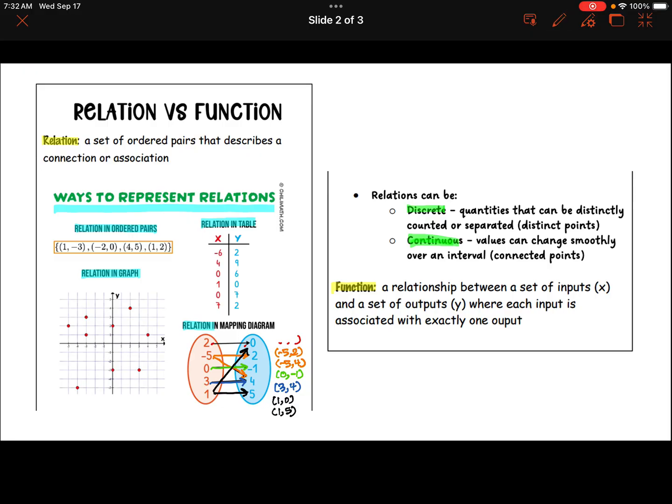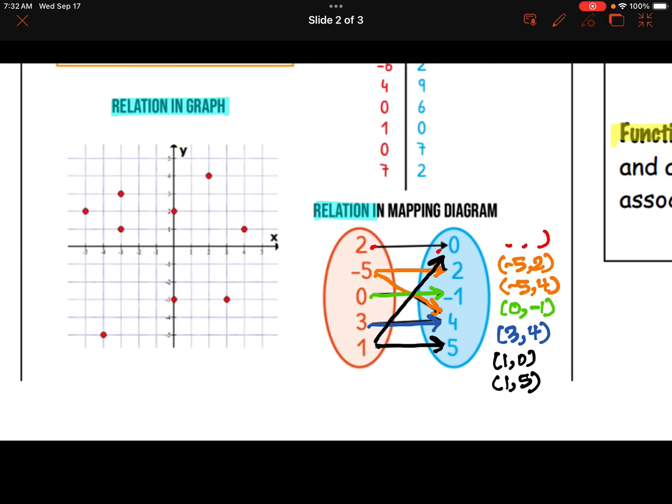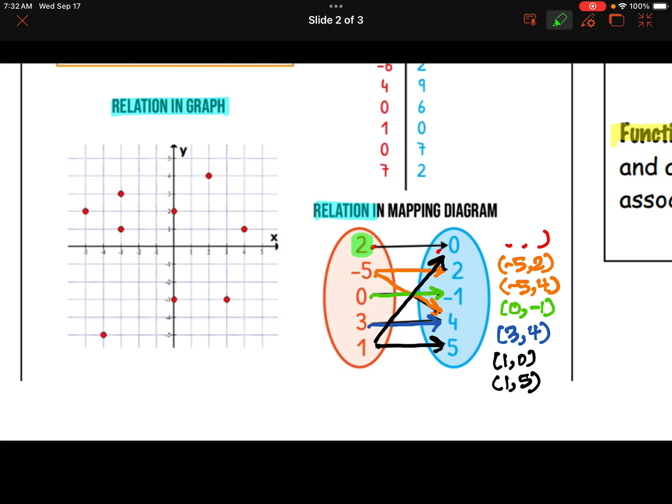And so what does that mean? The easiest way to visualize this is if I look over here, 2 and 0 and 3 are meeting the definition that the input is paired with exactly one output value.